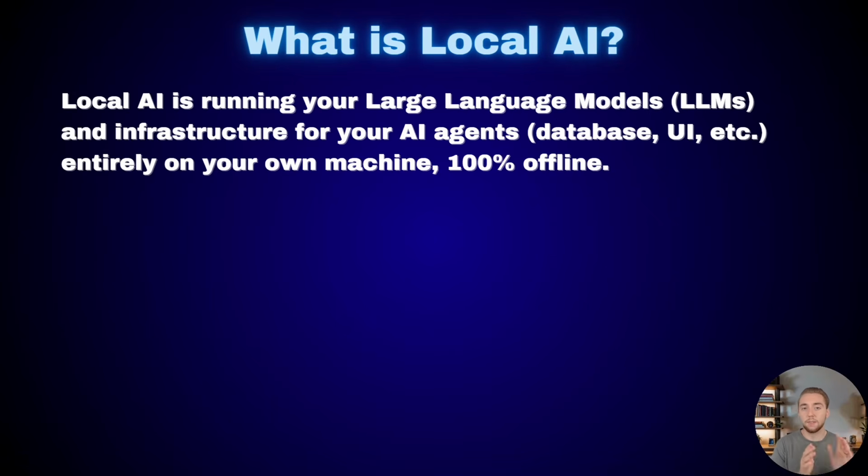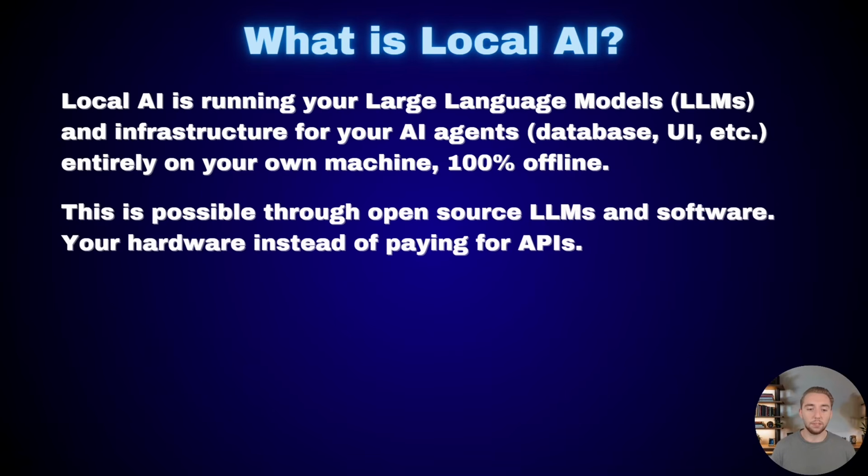You have all these different components for your agent, and typically you're using APIs to access things that are hosted on your behalf. But with local AI, we can take all of these things completely in our own control, running them ourselves. This is possible through open source large language models and software.